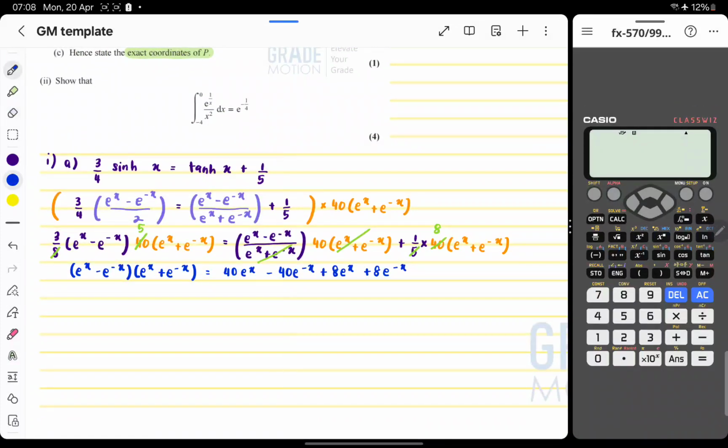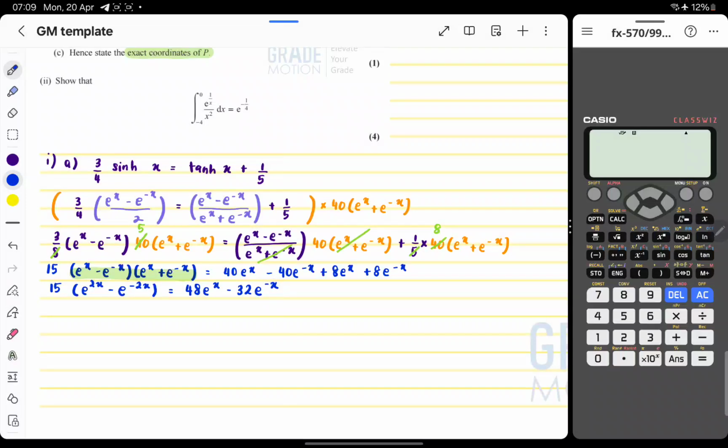Okay, what we have over here is the expansion for difference of two squares. So if we want to factor it, it would be e to the power of 2x minus e to the power of negative 2x equals to 40e^x plus 8e^x. We'll get 48 e to the power of x. Negative 40 plus 8, that will be negative 32 e to the power of x.